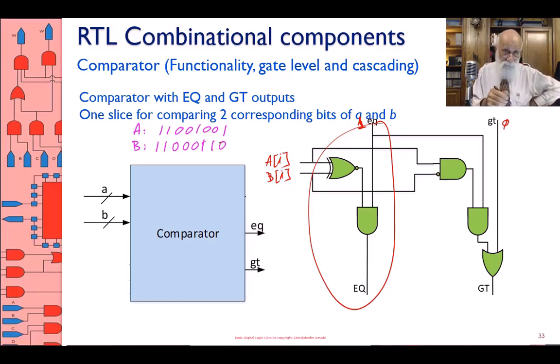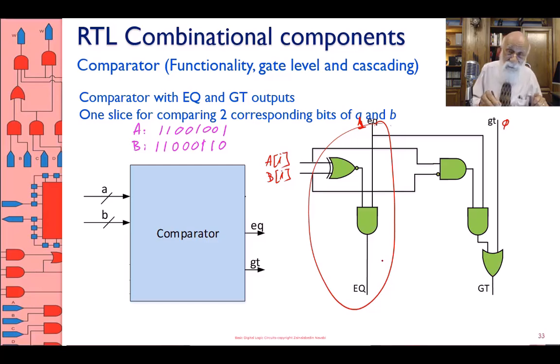When I come in, A and B are equal. Okay? And therefore, the equal input is 1. Then AI and BI decide that, okay, if so far things have been equal, then A and B decide that the equal out is going to be 1 or not. Okay? That's with the equal which we have already seen.